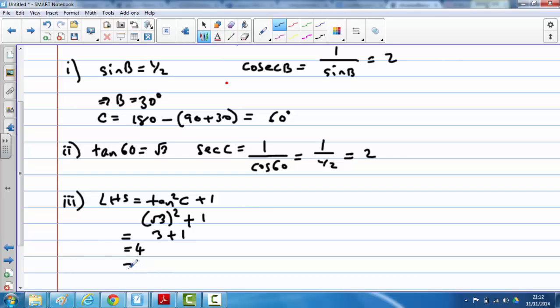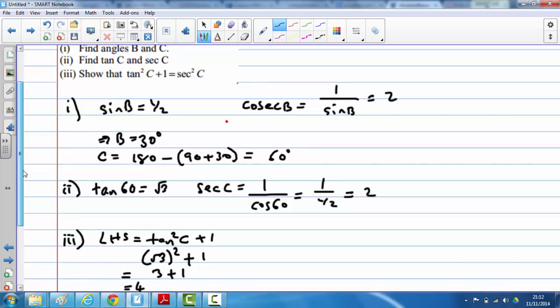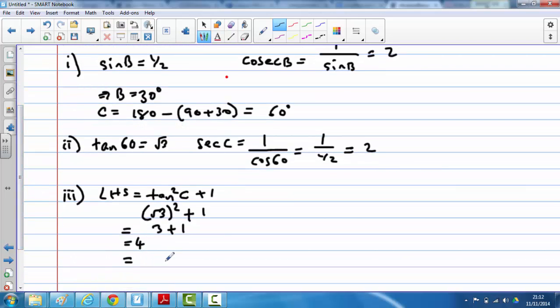And this equals the right hand side, which is sec squared C, which is really just 2 squared from here. We can see that from this value here. So therefore this equals 4. So the left hand side does in fact equal the right hand side.